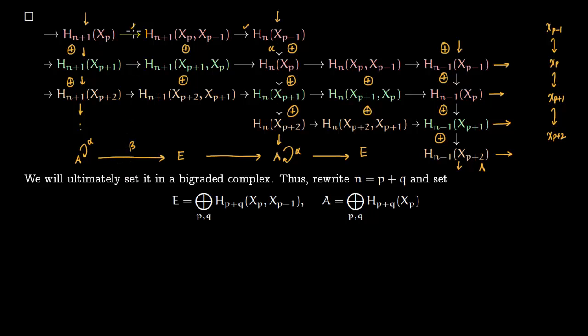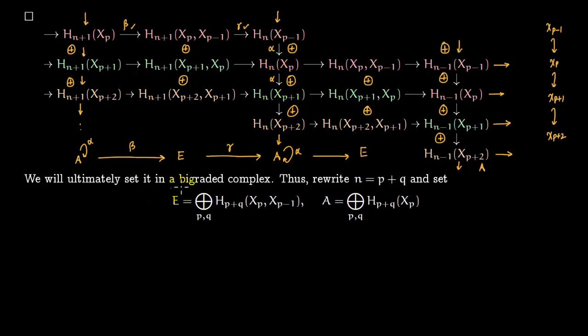So all these maps put together will induce beta. So we will also write beta here. This is not correct notation, but just to make it clear that all these maps are generating beta. And similarly here, from E to A, say you have gamma. So all these maps are generating gamma. So put gamma here. And the vertical column maps are alpha.